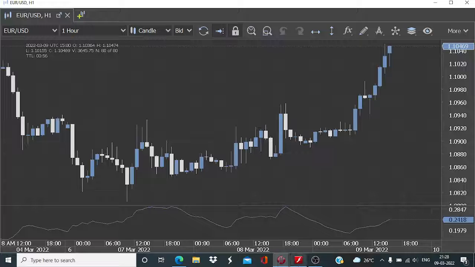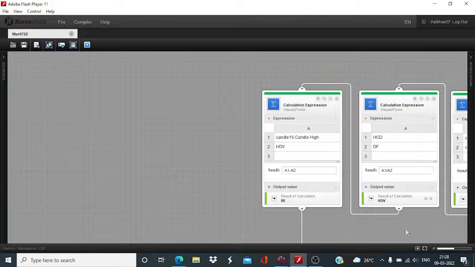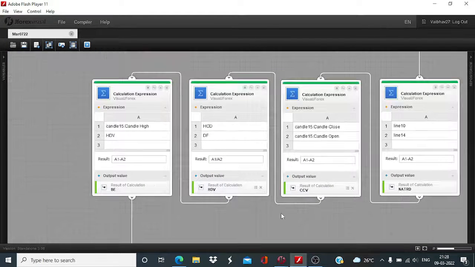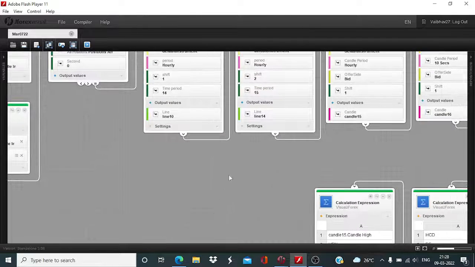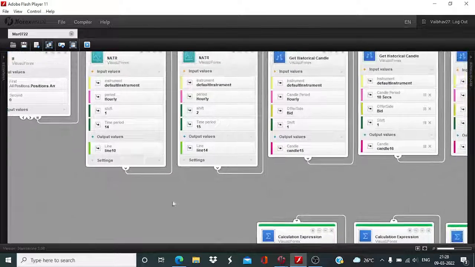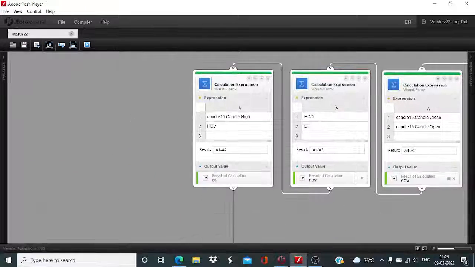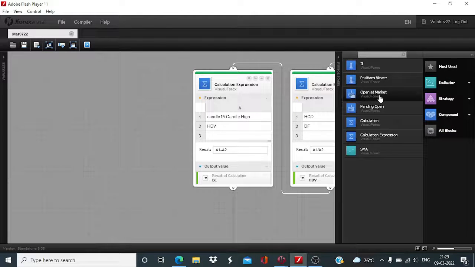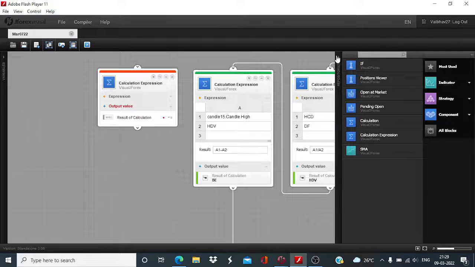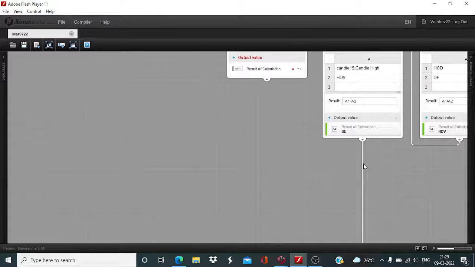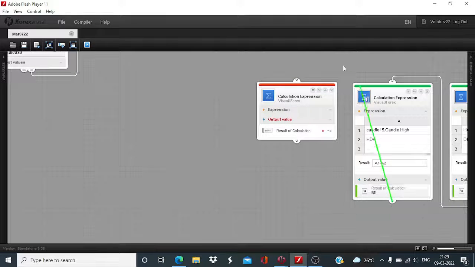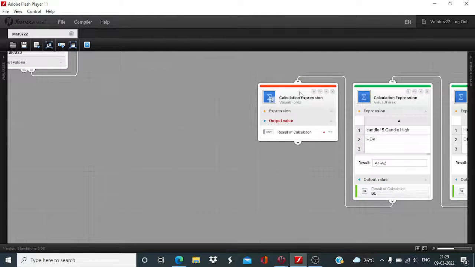Now what we have to do is get some calculations done, and afterwards we will define the conditions for the execution of the trade. First things first, we define the order validity. For that, the calculation expression is needed, and I will have to disconnect it here and join it to the next block.